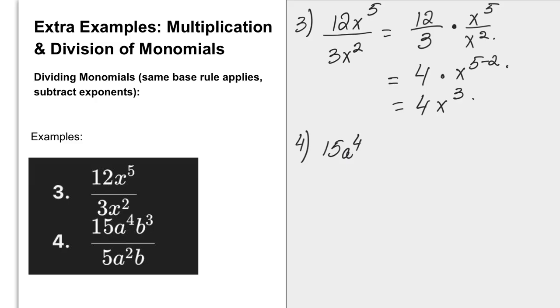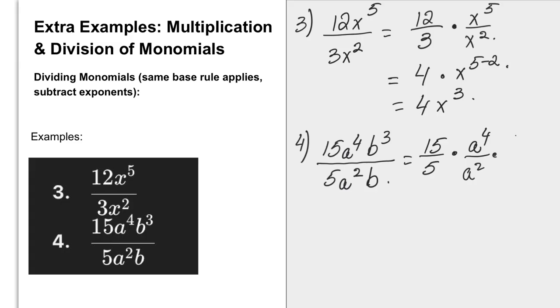15a to the 4th power b to the 3rd power divided by 5a to the 2nd power b. Again, I'm going to separate everything just to see what I'm dealing with: same bases together, a's with a's and b's with b's.